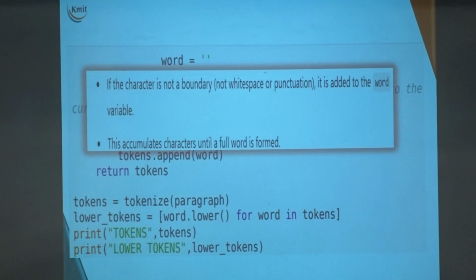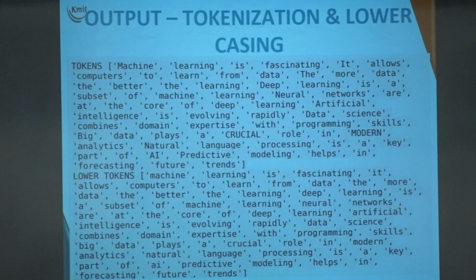Here I will be printing both of them: the normal tokens that I have extracted out of my vocabulary, and the tokens in the lower-cased token list. You can see here these are the tokens that I have captured through my vocabulary. Do you at least remember the first sentence of the paragraph that we are dealing with?